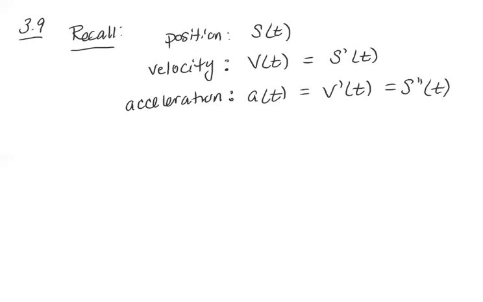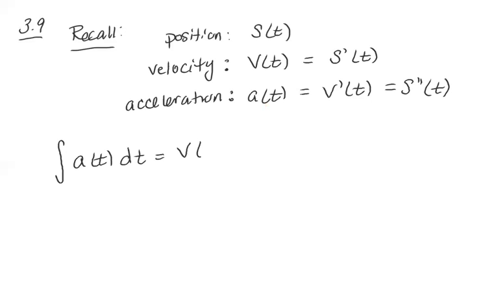In the world of anti-differentiation, I'm allowed to go backwards. So what this means is if I want to take the antiderivative of, say, acceleration with respect to t, then I am taking the antiderivative of the derivative of the velocity function. So the antiderivative should undo the differentiation process.